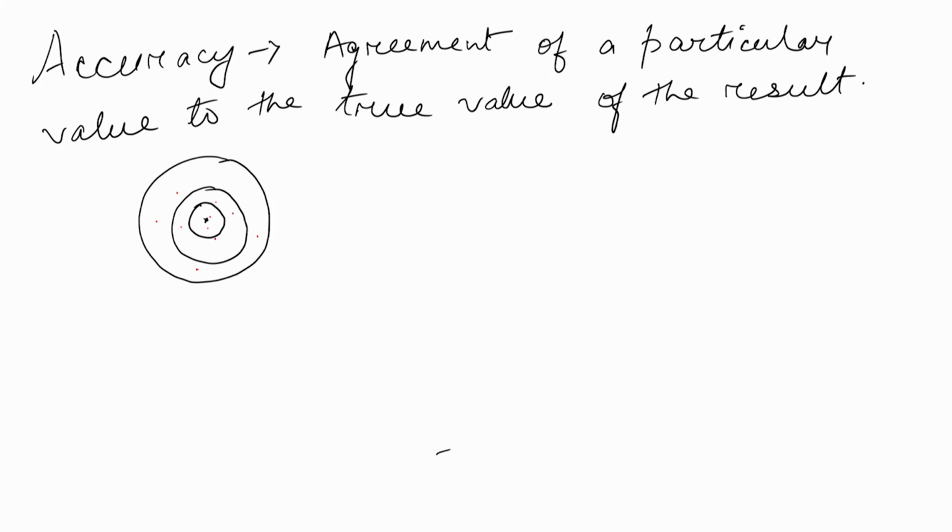These points are far away. So we can say that these specific 2 points have reached accuracy, because they are much closer to the true value.